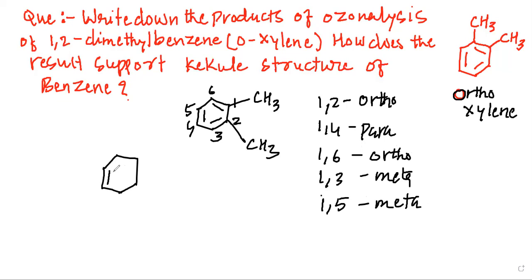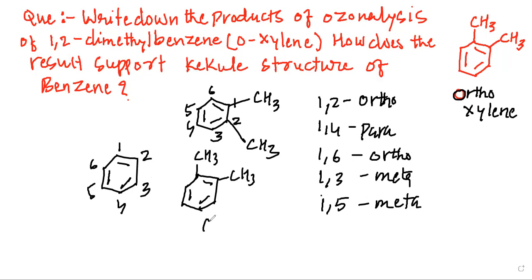Once again, let me explain this to you. In this benzene we have various carbons, 1, 2, 3, 4, 5, 6. Now what happens if we have two methyl groups at adjacent positions? We will call it ortho-xylene.